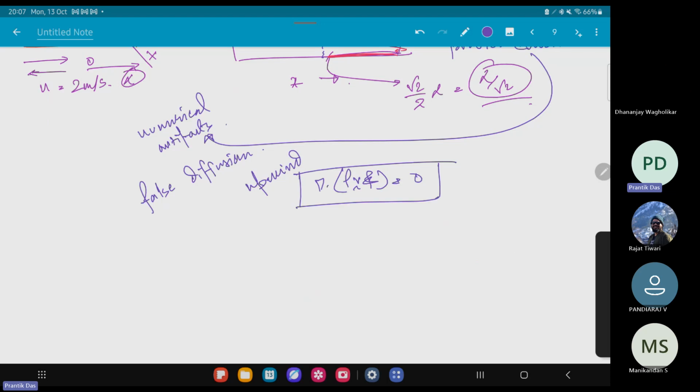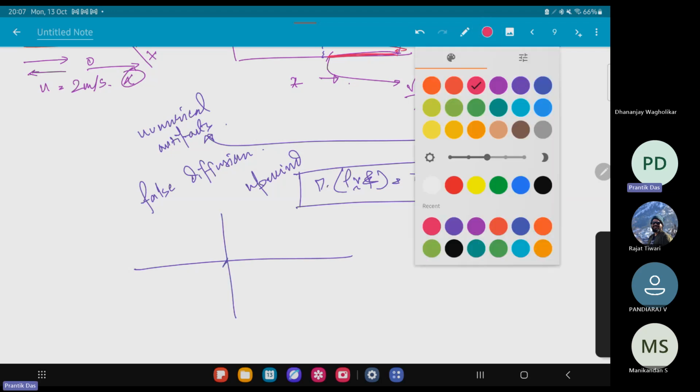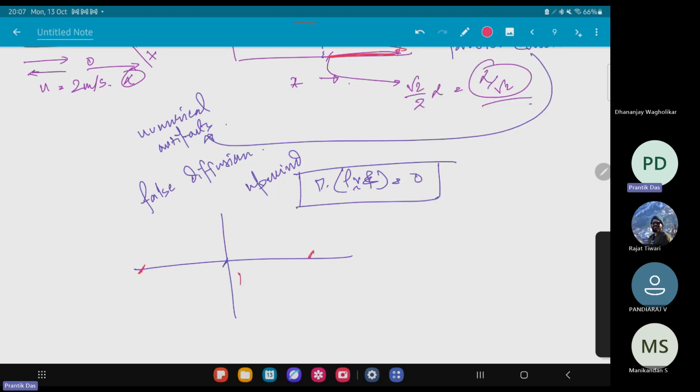I have to discretize this in both the x and y directions. This one is P, this one is E, this one is W, this one is north, this one is south. Here I will directly write the coefficients in the equation itself. The homework goes to you to derive the coefficients and check whether what I've written is right or wrong. It is actually right, but I want you to derive it on your own.